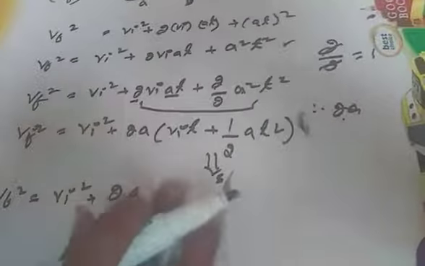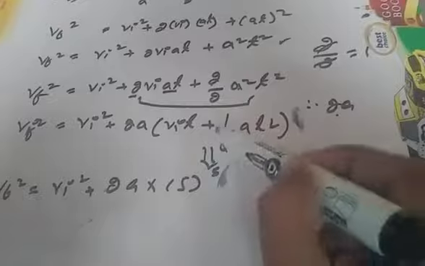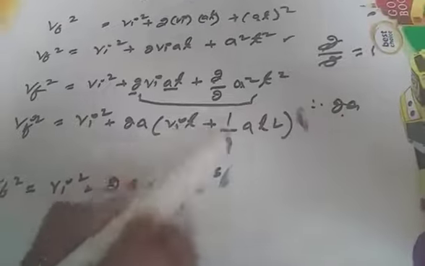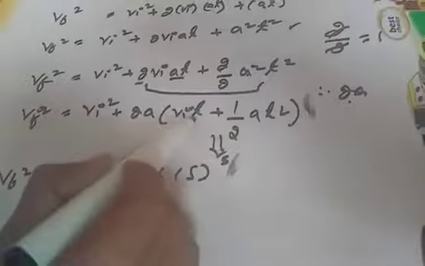So we can put s instead of this value, multiplied by 2a. We have put the value of s because vit plus 1 upon 2 at² is equal to s.